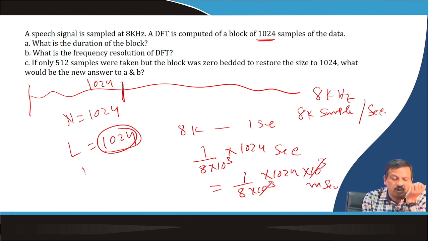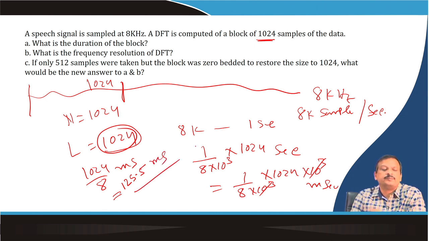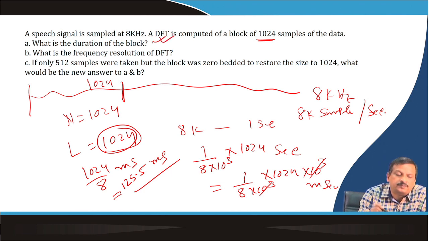This is cancelled. So, 1024 by 8 milliseconds, which is 128 milliseconds, the duration of the block.